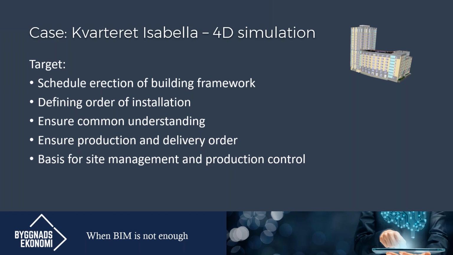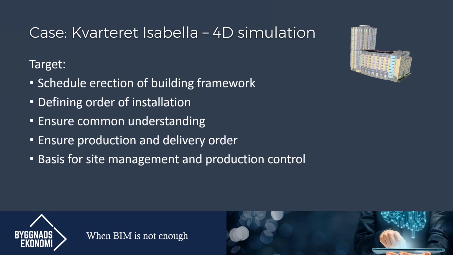In this specific case, we're going to look at the 4D simulation and how the erection of the building framework was done in this project. There were a couple of targets, so what we're supposed to achieve here. We should get a schedule for the erection of the building framework. We wanted to define the order of installation.